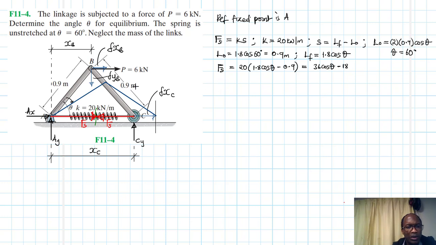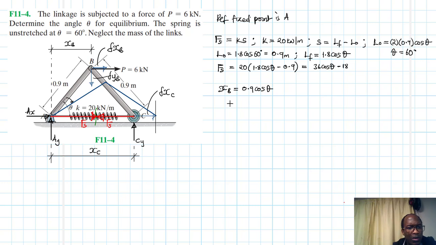So now let's define these equations. We have xb equal to 0.9 cos theta.